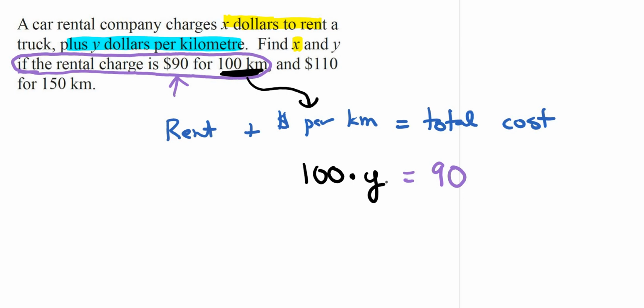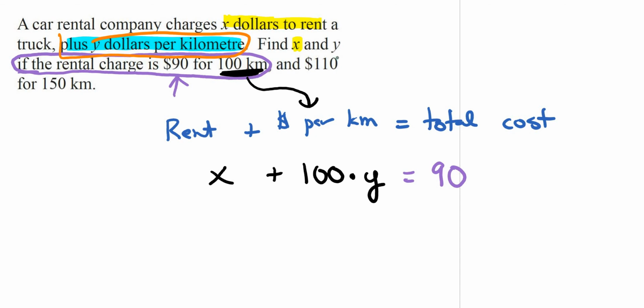I don't know how many kilometers you drove, but if you drove 5 kilometers, Y represents the price per kilometer as established in the problem. If you drove 5 kilometers, you would multiply that by 100, and then it cost you $500 for your kilometers driven. And then since we don't know what the rent is, X will represent the amount that we pay to rent the truck. So X plus 100Y equals 90.